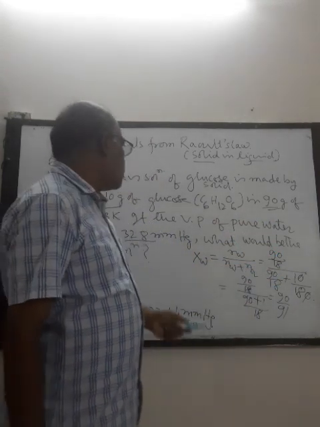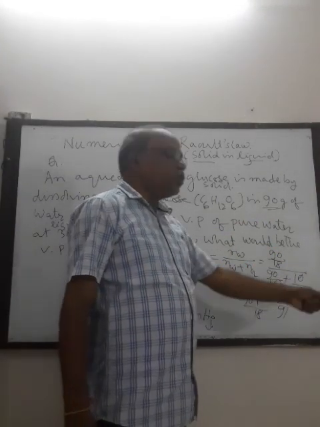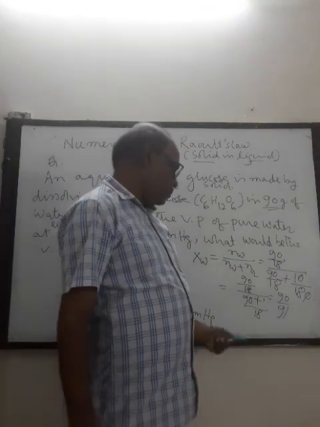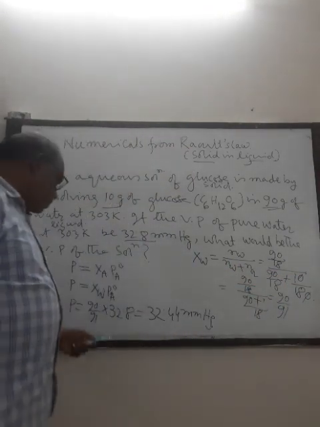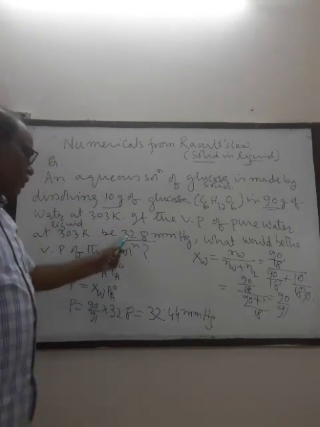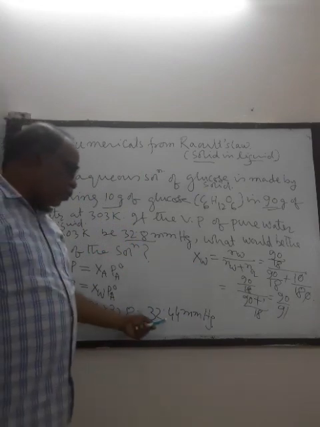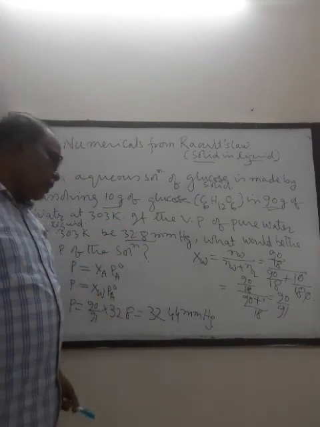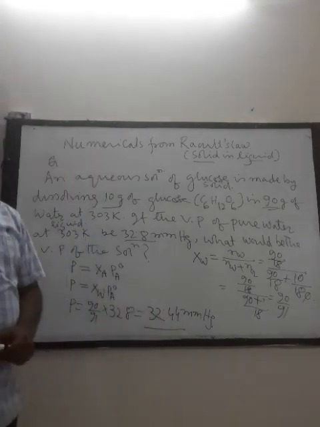For glucose, the mass is 10 gram and the molar mass is 180. So finally the mole fraction of water is 90 by 91, and the vapor pressure of pure water is 32.8. If we multiply, we get 32.44 mm of mercury. So this is the vapor pressure of the solution. Okay, thank you.